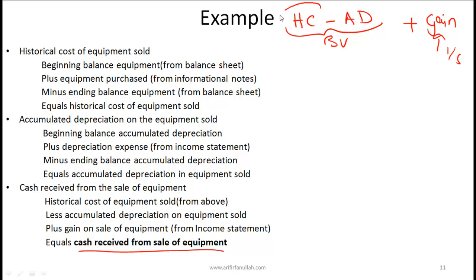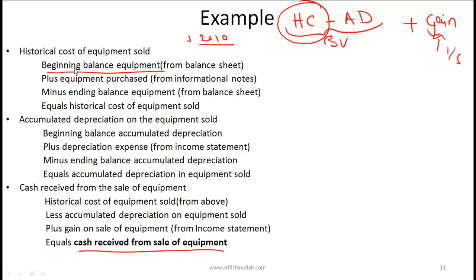So let's do this one step at a time. First, we are looking at the historical cost. To determine the historical cost, we look at the beginning balance of the equipment from the balance sheet. So how much is the equipment worth? Let's say we are doing this for 2010.